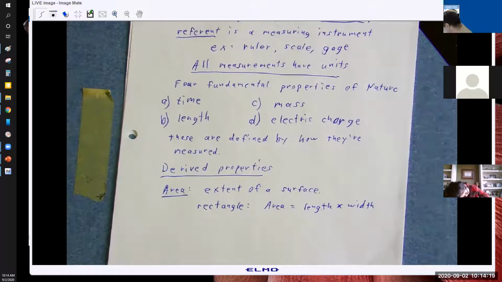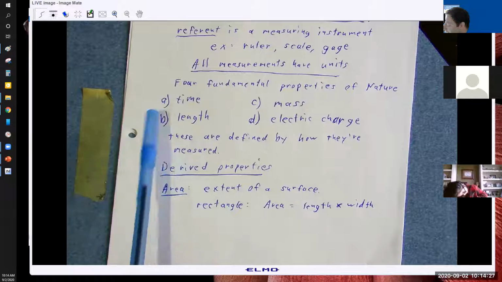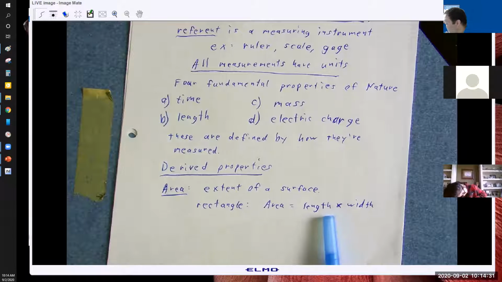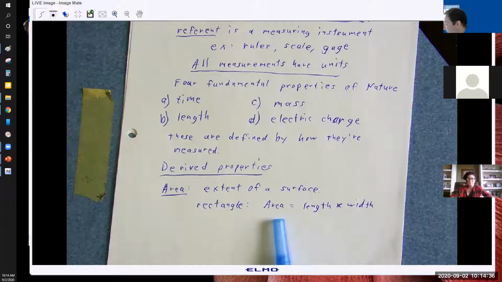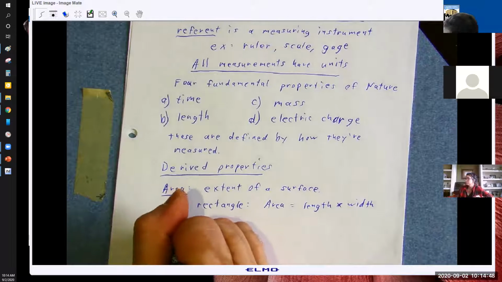This is a derived property because both length and width are a measure of a fundamental length, right? So you have a length times a length. If you have, say, meters times meters, you have an area which is meters squared. So that's a derived unit. The fundamental unit is meter, a length unit, but area is a combination of those.